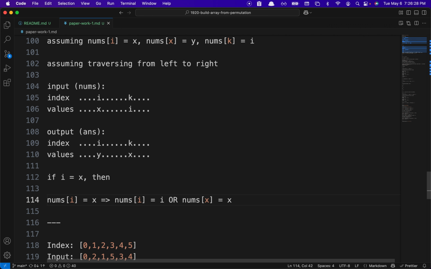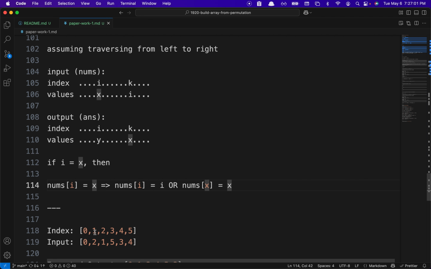And you're saying nums of I equal to I, that's all. Both I and X are same, so you can either change this to X or you can change this to I. So nums of 2, is it 2? No, it's 1 here. I mean, in this case, yes, this is the input.